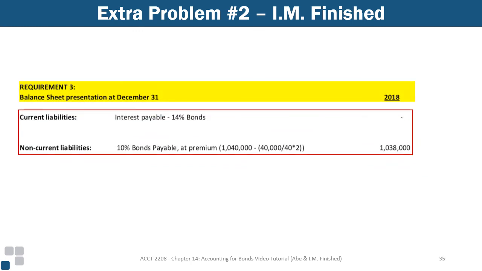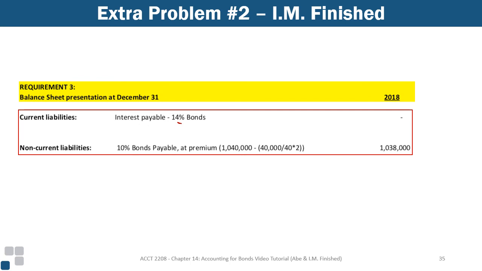The last requirement is the balance sheet. We'll go with 2018, again, only on the 10% bonds. There's no interest payable on the bonds, because the interest payment dates are at June 30th and December 31st, so we never have to set up an interest payable.